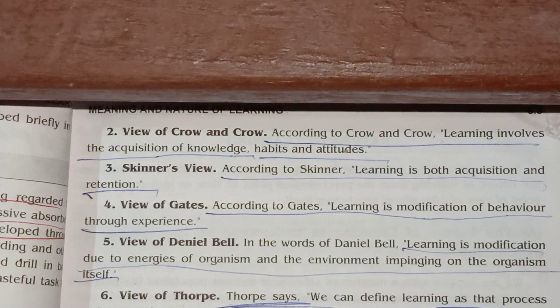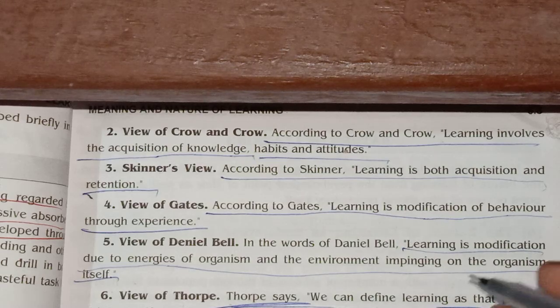These views can surely come in the exam, because these can be 1 mark questions, or they can come as 3 mark questions. The question which gives you 3 marks, you have to explain like this. If the question comes, what is the view of Gates for the learning process?